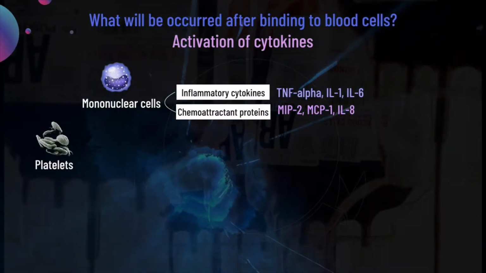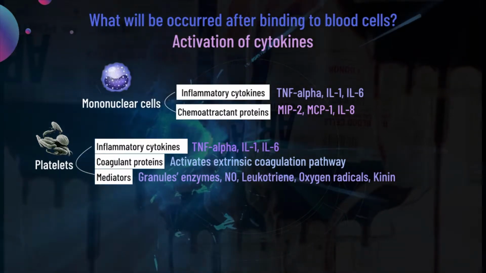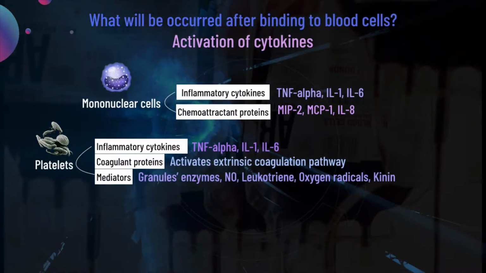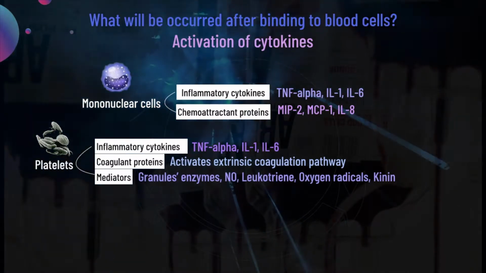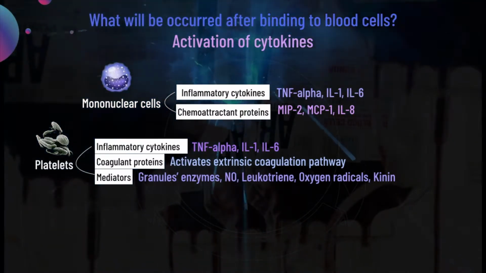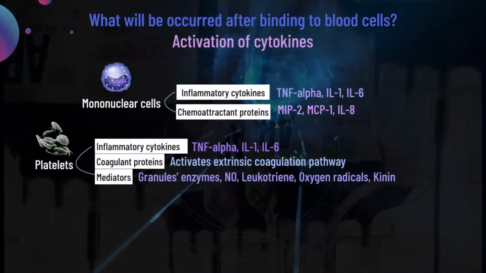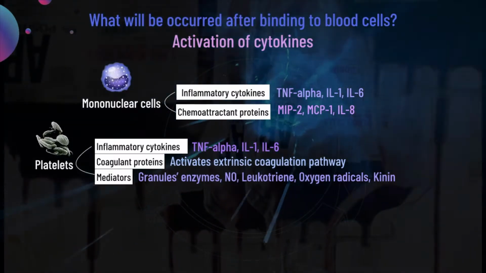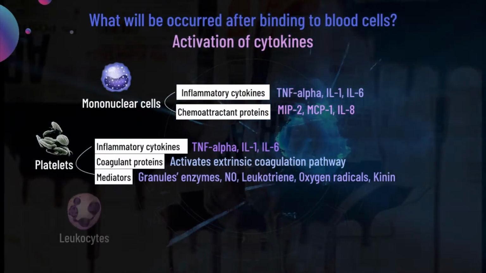Secondly, platelets. After binding, degranulation occurs to release inflammatory cytokines, coagulant proteins, and mediators, including granule enzymes, nitric oxide, leukotriene, oxygen radicals, and kinin. Coagulant proteins will activate the extrinsic coagulation pathway.